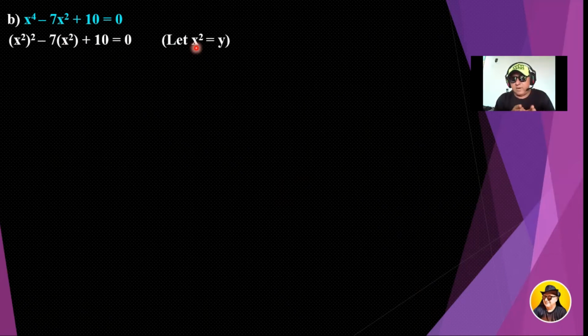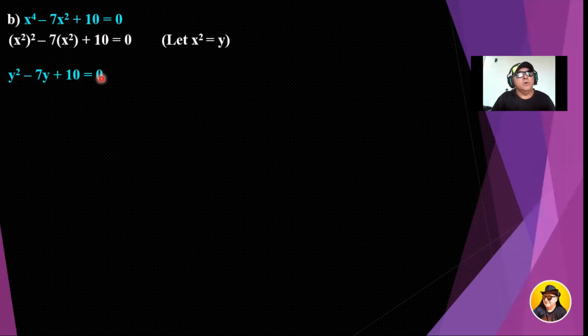So x squared is the same as y. Now we remove x squared here, here, and here, and we write y here. Okay. So y squared minus 7y plus 10 equals 0.